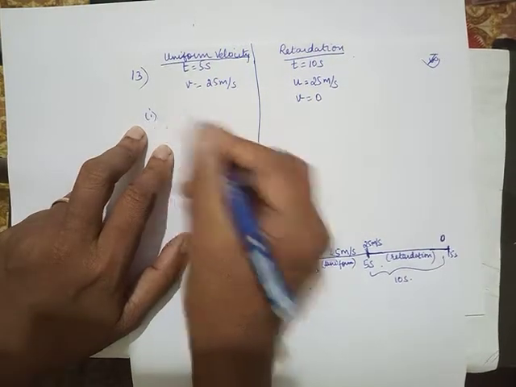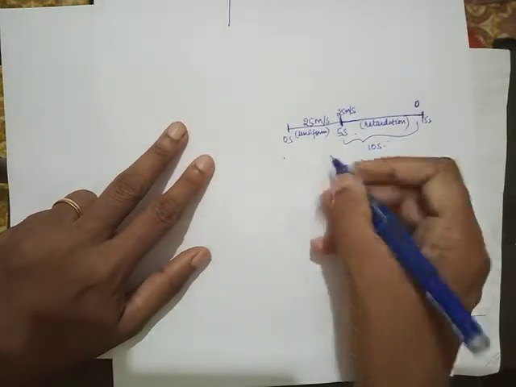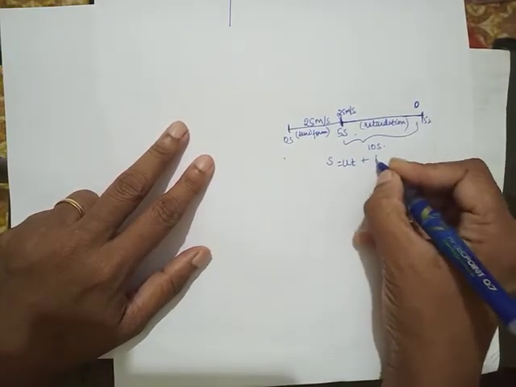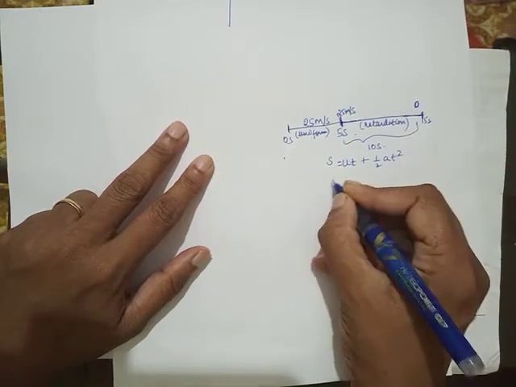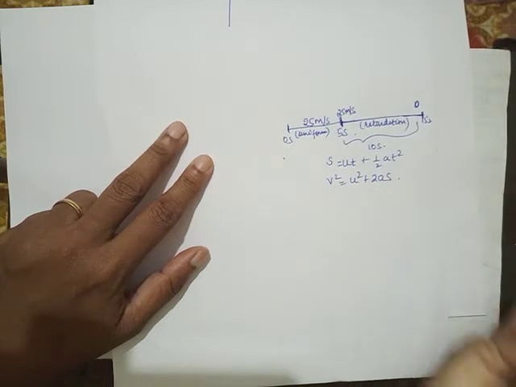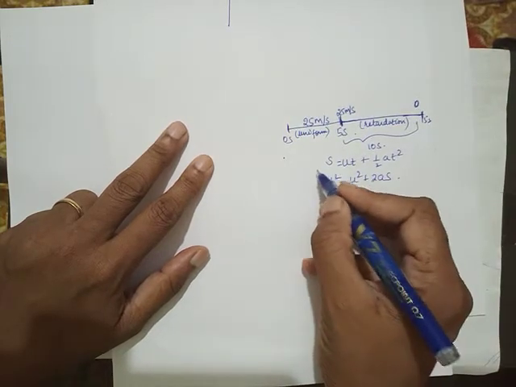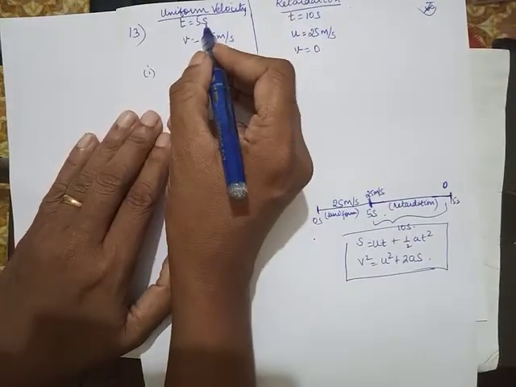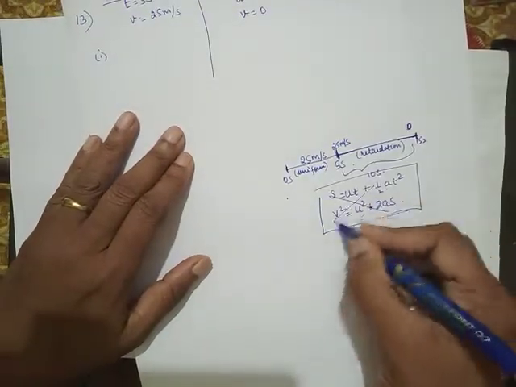Now usually I told you, if you have to find s, either you have to use the second equation or the third equation, ut plus half at square, or v square is equal to u square plus 2as. But in this case, because the body is moving with uniform velocity, you don't have to use these formulas.